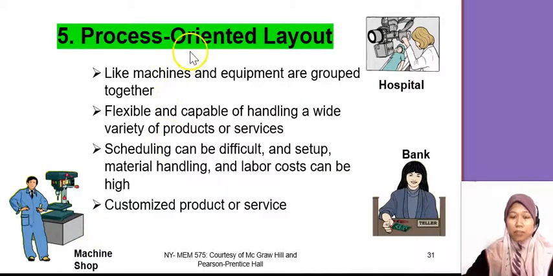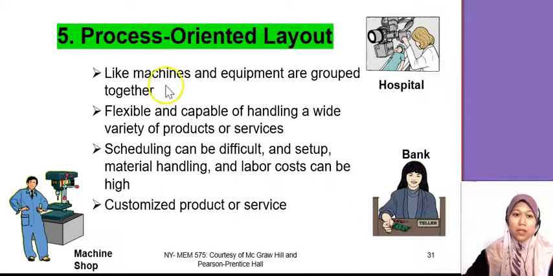Okay, the next one is the process oriented layout. We looked at the fixed position, and now the process oriented layout. For example, a machine shop, and for service, we look at the hospital or bank. Bank also has a process layout in which different customers want different services from the bank.